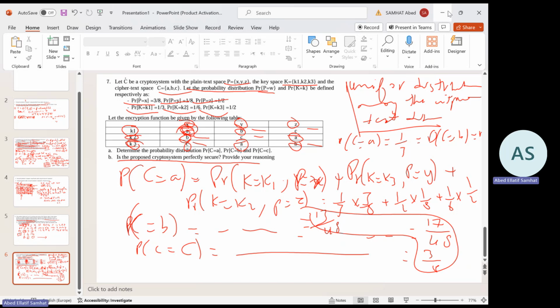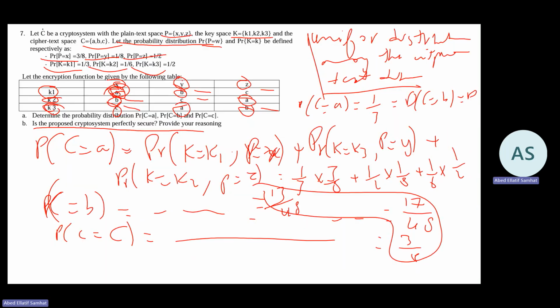Just to be sure, here it's 3 over 8. It's okay. So the third one is 3 over 8. Okay, it's fine.